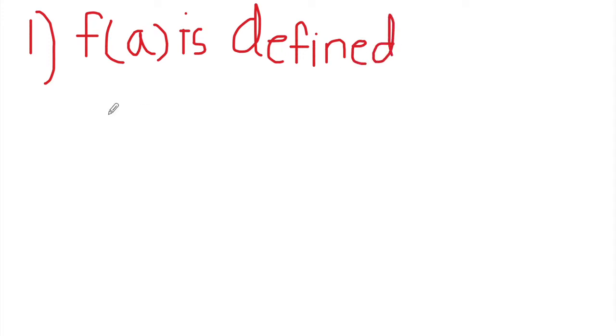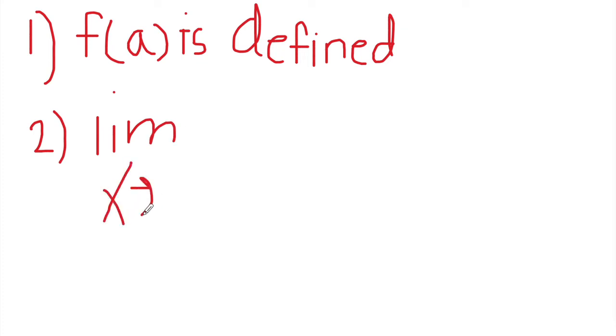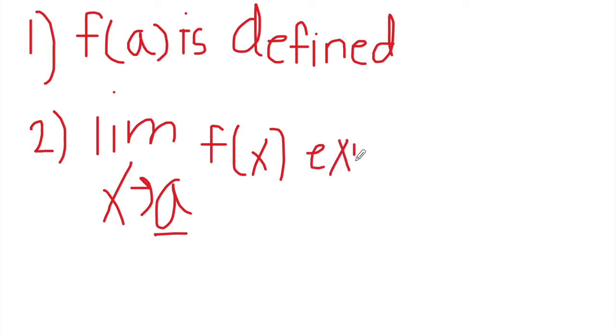The second part is that the limit as x goes to that value a, the a that it's continuous at, of f of x exists. And remember, from my previous limit videos, I talked about how the limit only exists if it is the same number from the right side and from the left side.